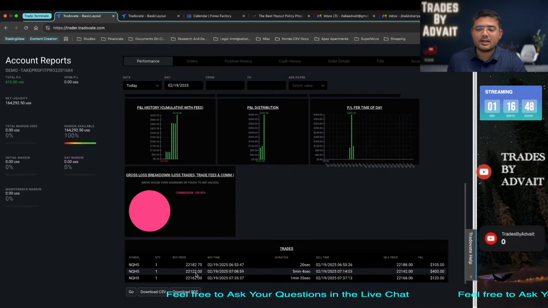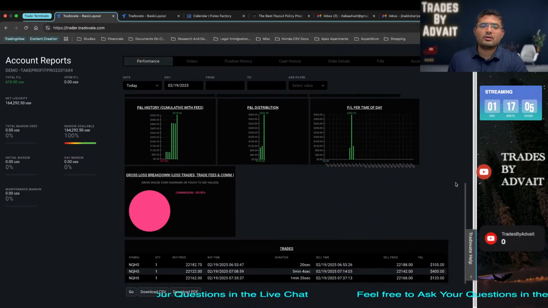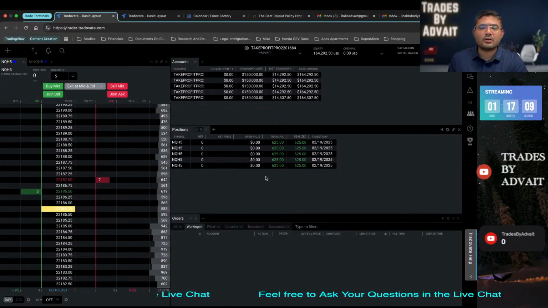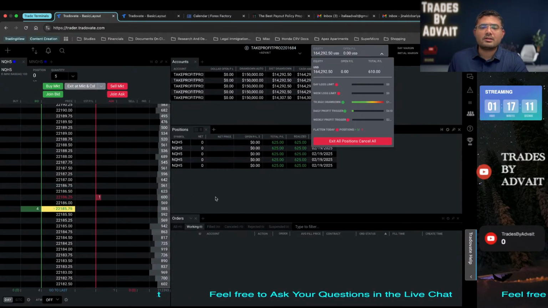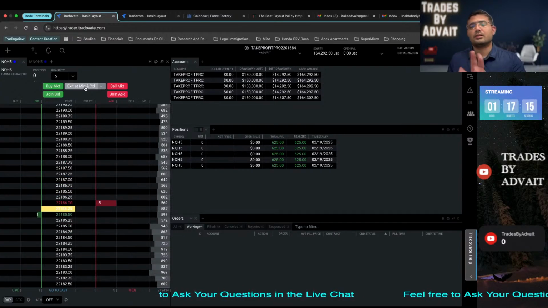Then the second trade was almost 20 points, and the third trade was almost 6 points. So the total tally comes to $610, after all the commissions and everything. So pretty good and satisfying day. I cannot complain. And you can see all the accounts, and I replicated that across all 5 accounts.